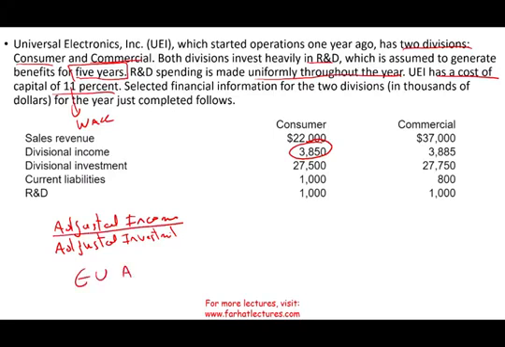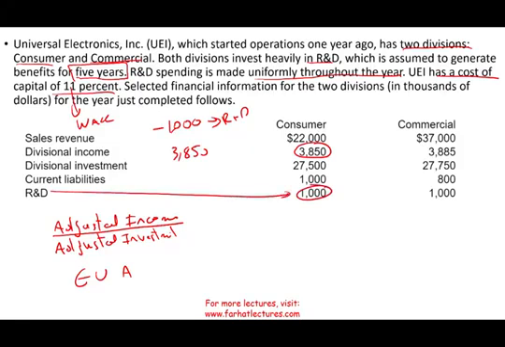Now we have to compute adjusted income for the consumer division. They're telling us our income is $3,850. Remember, this is accounting income. To get to this $3,850, at some point we deducted $1,000 in R&D, research and development.